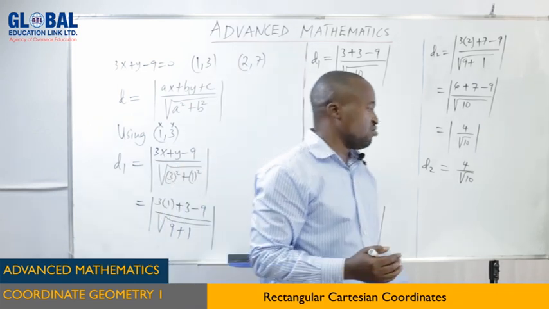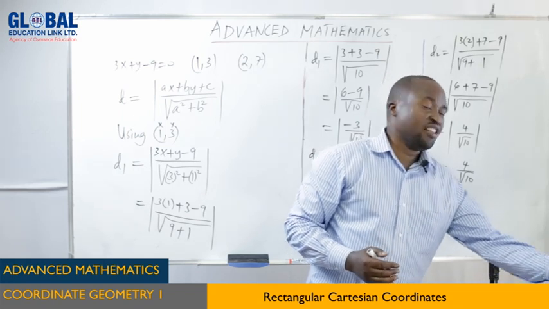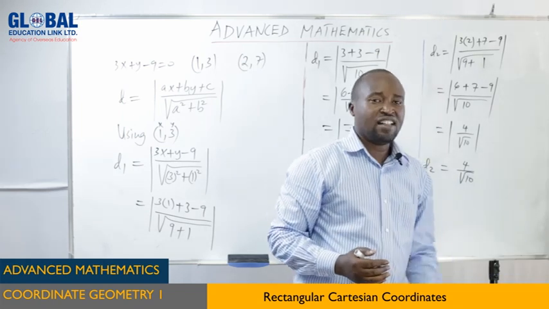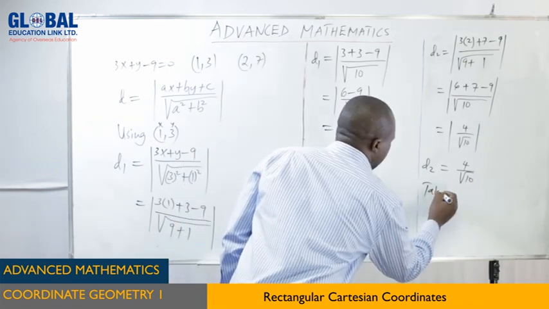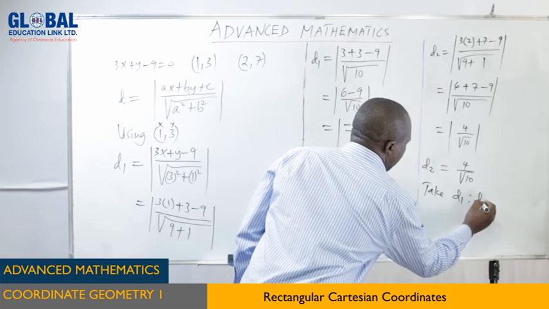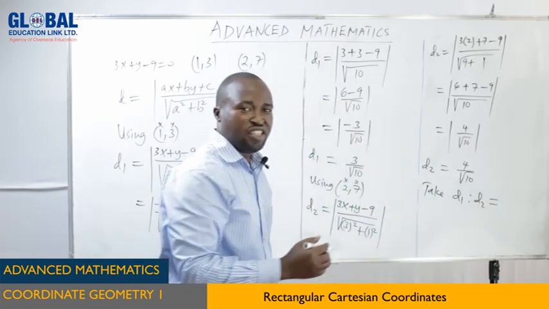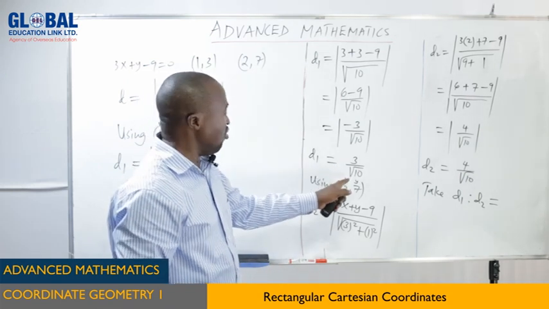But our interest is to determine the ratio, the ratio which divides the two coordinates by using this equation. So here we just take D1 ratio D2, which is equal to, remember the value of D1 you have 3 over square root of 10.